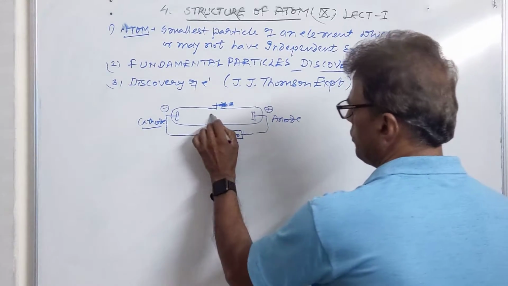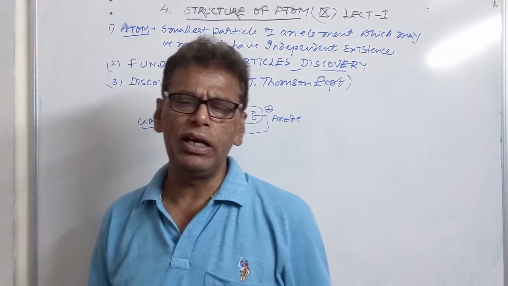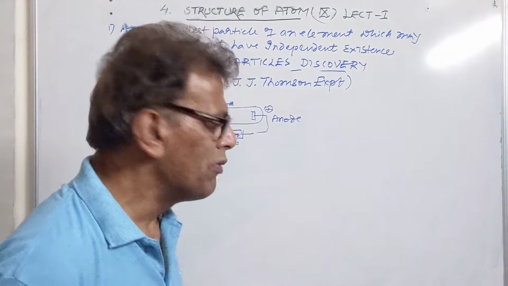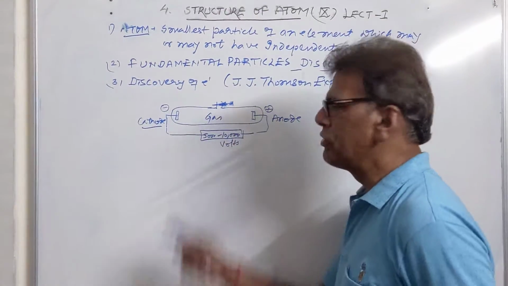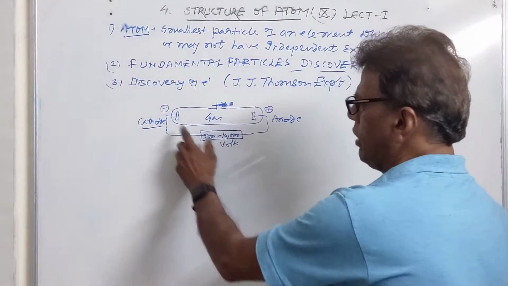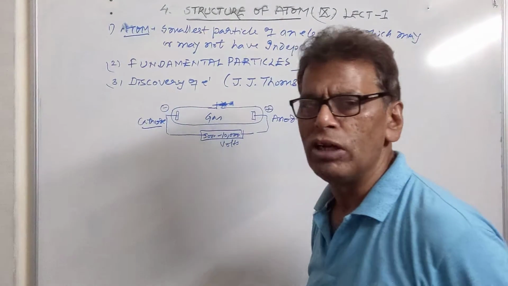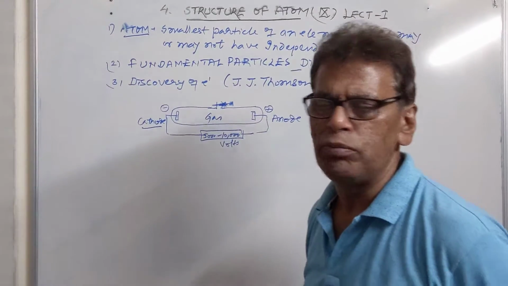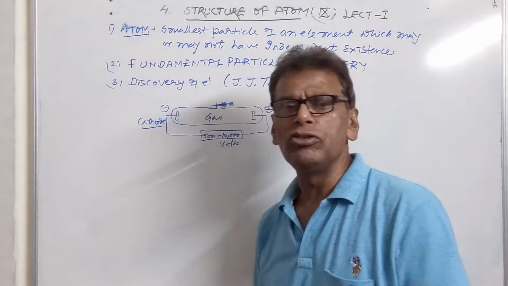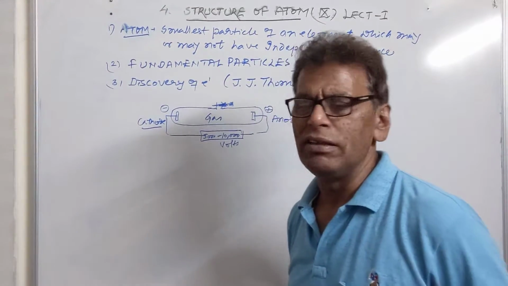So what Thomson did in this case: he took a highly evacuated glass tube fitted with two metal electrodes, and a gas was taken in the discharge tube. Then a high voltage, around 5000 to 10,000 volts, was set across these two electrodes, and he saw that under normal conditions nothing happened. No light was produced, no change took place in the gases.